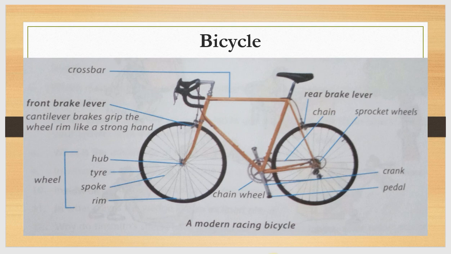On the flat or going down hills, you use a high gear, the biggest chain wheel, which you can see over here, and the smallest sprocket wheel. So which type of bicycle is this? This is the bicycle which is used to move on the ground.